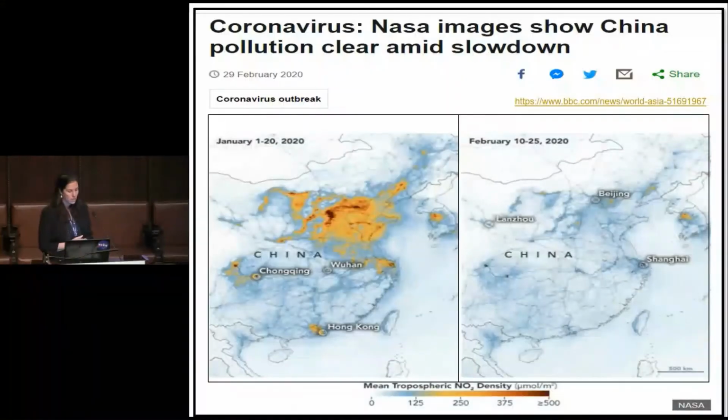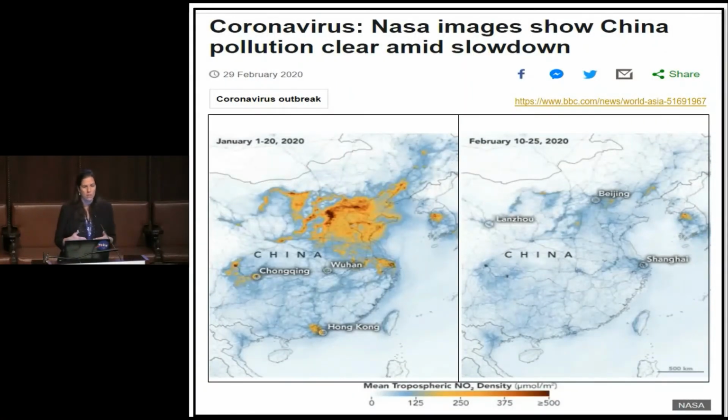So he spoke about China, and I found this a couple of days ago in the news, and I thought it's quite interesting. Usually the pollution levels in China are very, very high and exceed all the relevant guidelines. And usually every new year, which occurs in the first week of February, you see a very clean image of pollution.